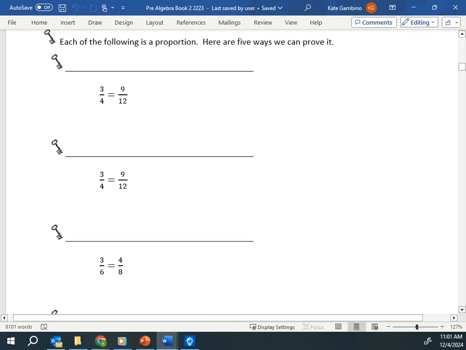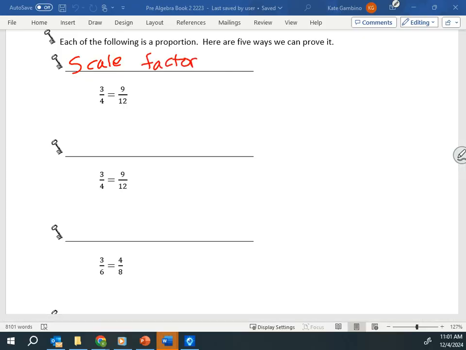The first one is a scale factor with multiplication.